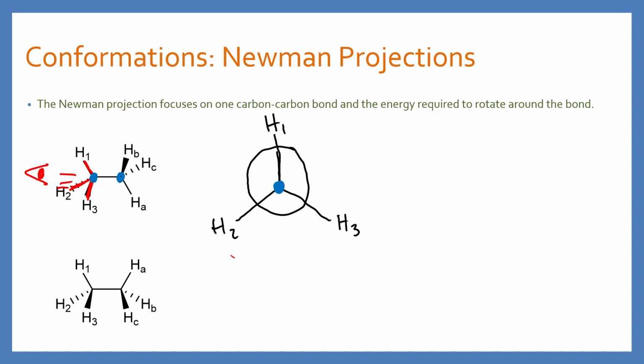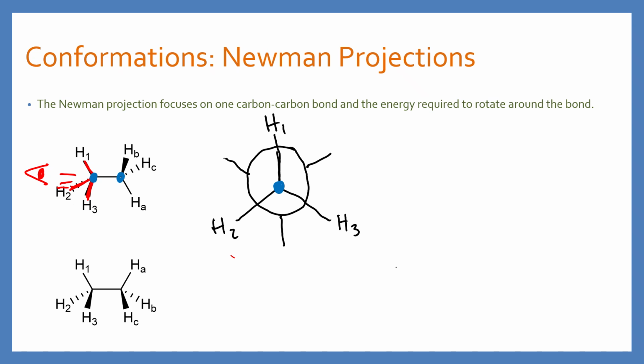And then to represent our atoms on the back carbon, we have to get a little creative. This circle that we drew as our first step is actually there to help create this sense of 3D-ness. So we are going to draw lines coming out from behind the circle, but they do not go through the circle. They are behind it. And this tells us that these bonds are the bonds coming off of the back carbon.